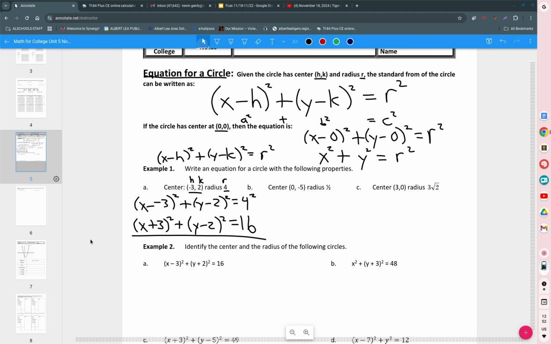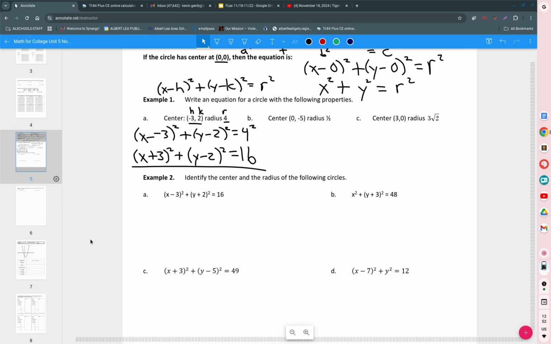So we're going to write a couple more equations here. The center is at 0 for x and -5 for y. So since the center is 0 for x, it's just going to be x squared. Then is it going to be y plus 5 or y minus 5? It is y minus -5, which becomes plus 5.